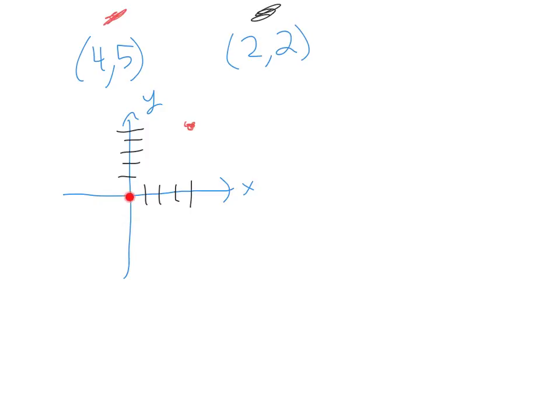So that would be 2 to the right, and up 2, and it would be right about there. Okay. So we want to find the distance between that black dot and that red dot. How far is that little blue line right there?